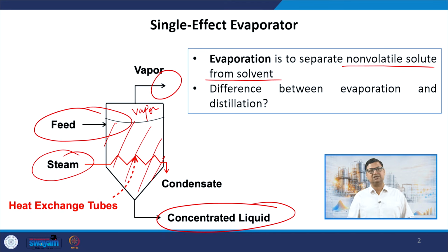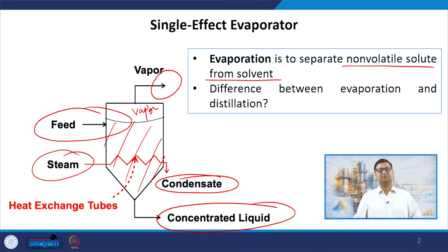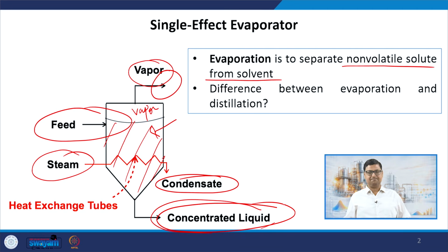So, steam is not in direct contact with the liquid inside the evaporator; it is only providing the heat exchange. Typically we start with saturated steam that condenses inside, and we get condensed steam at the end. The feed inside is raised to the boiling point, and therefore we form a vapor that is typically pure, that comes from the top, and from the bottom we get a concentrated liquid.